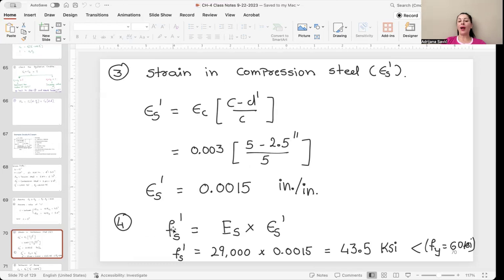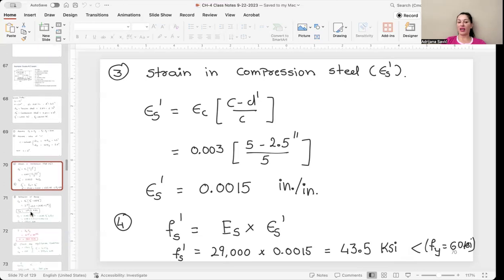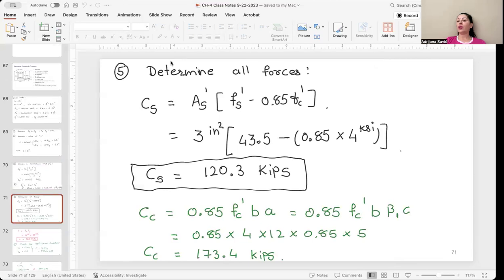The next step, Fs prime, will be calculated using Hooke's law. Instead of modulus of elasticity, we are plugging 29,000 ksi times 0.0015, which is 43.5 ksi, and that is less than yielding stress. Then we have to determine all forces.